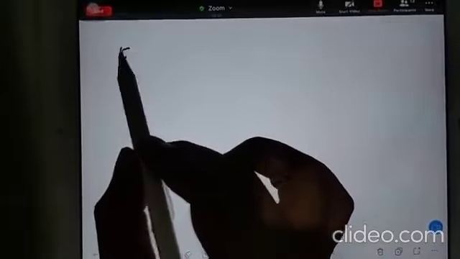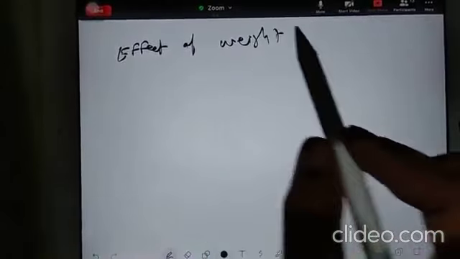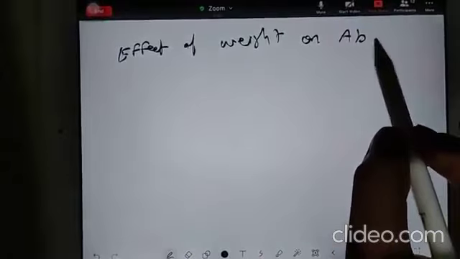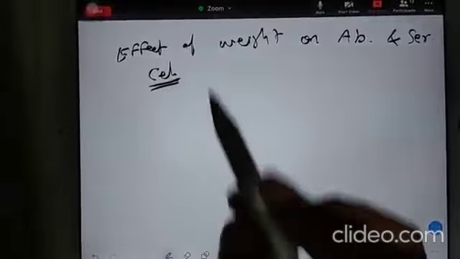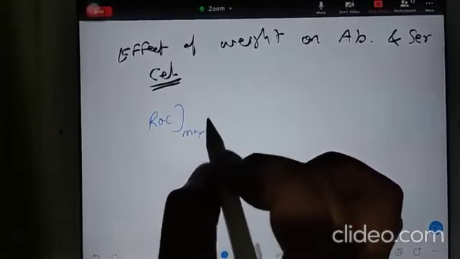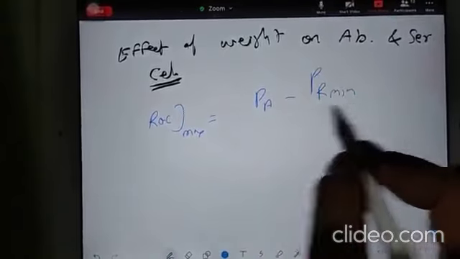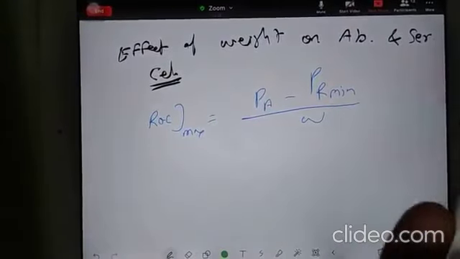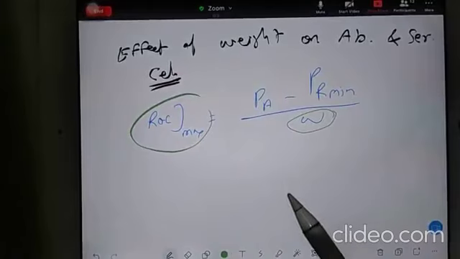Here you have to write effect of weight on absolute and service ceiling; these questions they ask. So you know that ROC max is nothing but power available minus power required minimum, divided by weight. So you see here, the higher the weight, the smaller the rate of climb.